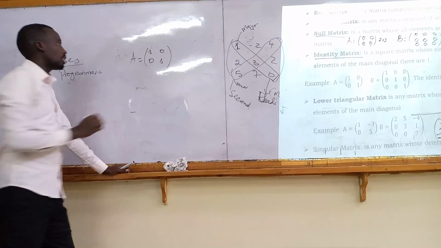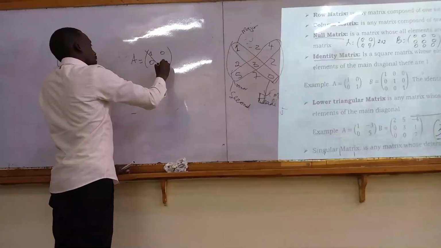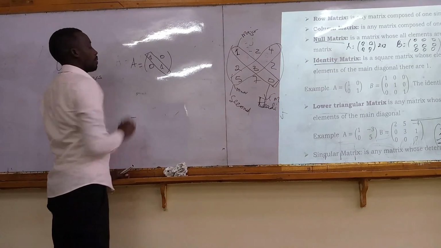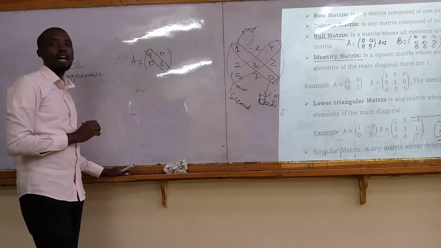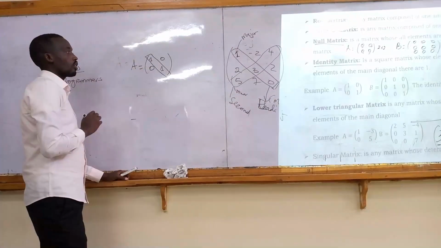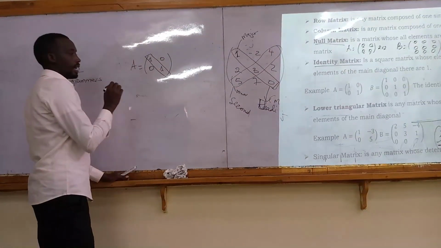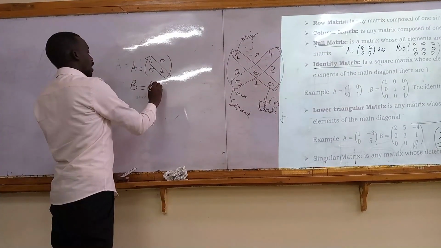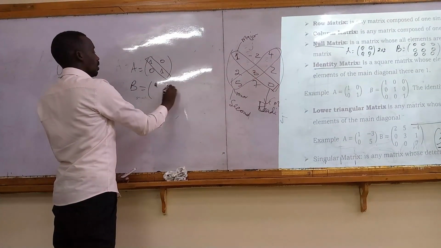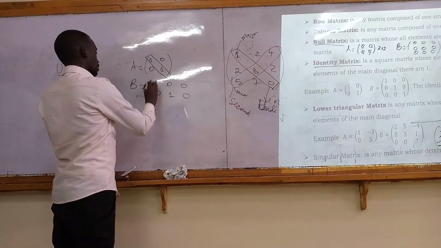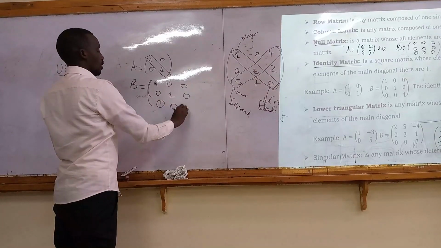An identity matrix, you see the leading diagonal here. All the elements we have here are not equal to 0, and they are equal to 1. This one is called an identity matrix. We have our matrix 1, 0, 0, 0, 1, 0, 0, 0, 1.